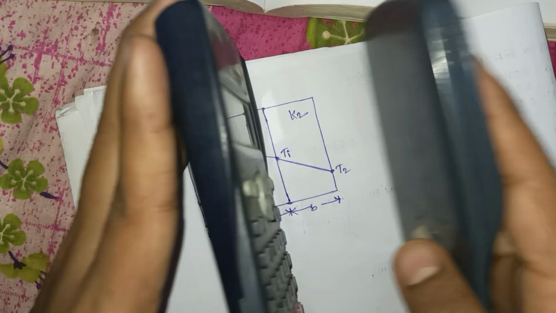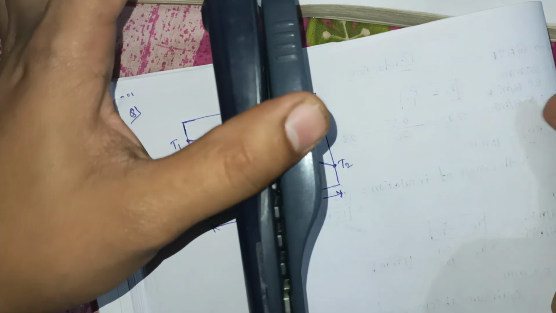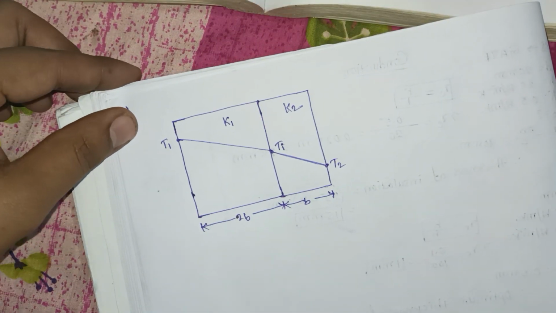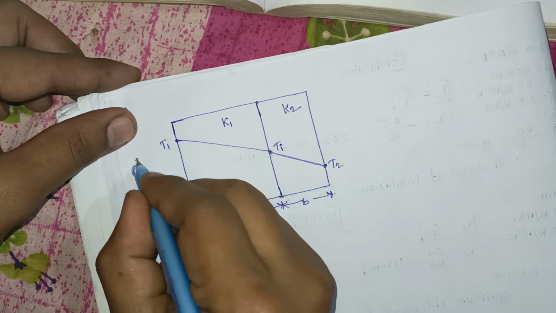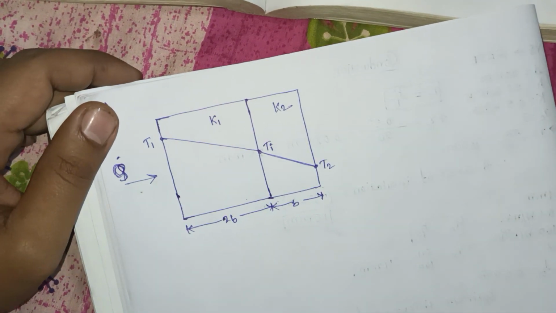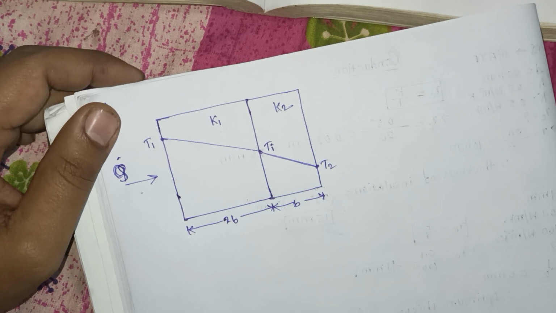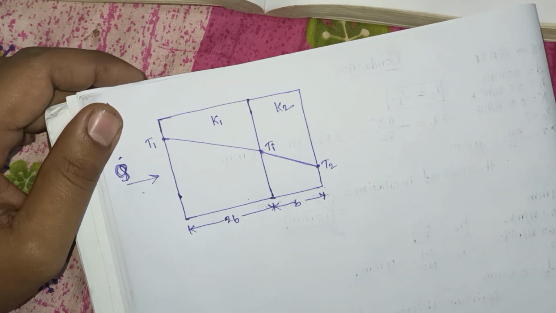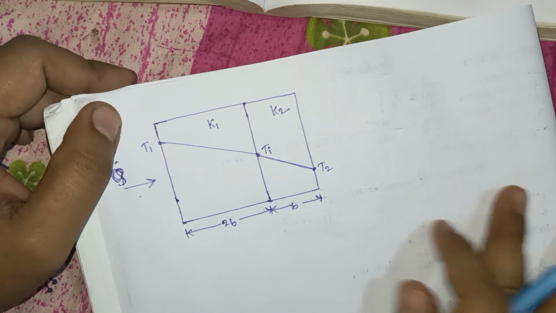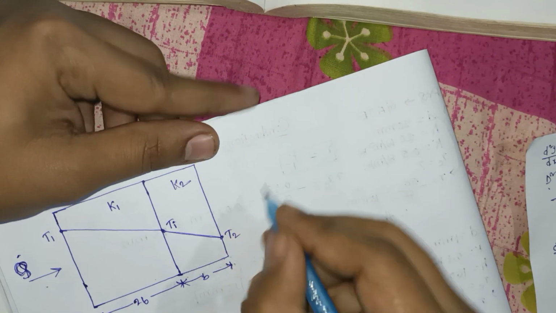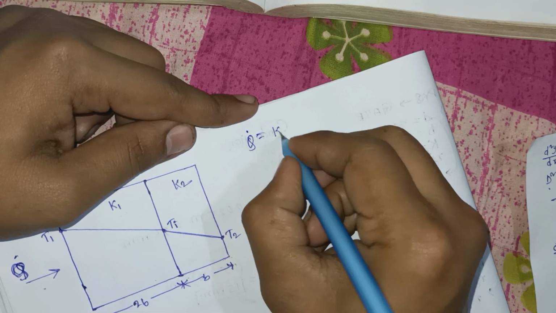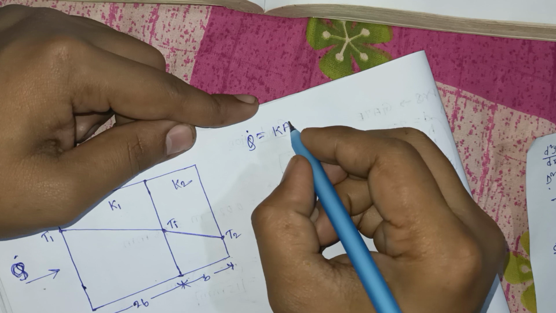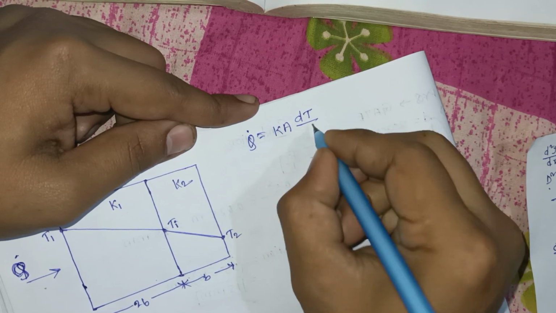Heat always transfers from this side to that side. If you apply the Fourier law of heat conduction, what is the Fourier law? Q dot, the heat transfer rate, is equal to KA dt by dx.